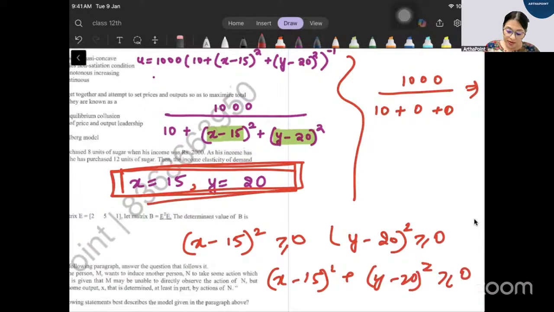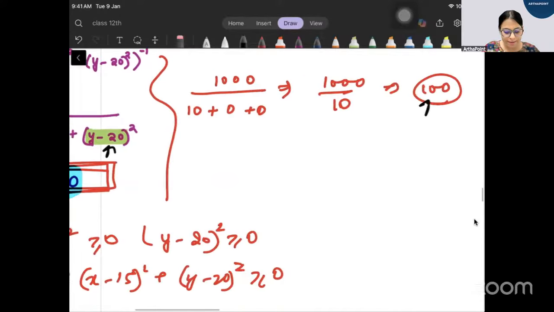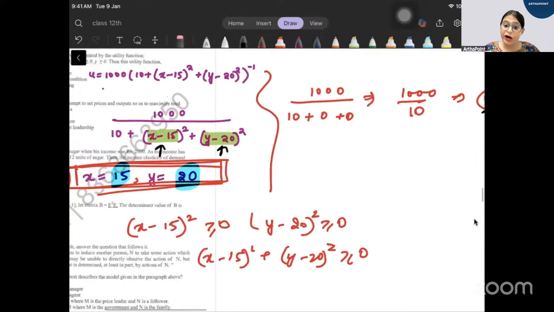So when x is 15 and y is 20, these are becoming 0 and my utility comes out to be 100. For any other value, if I have any other value here, it will be some positive number, and because of that the denominator will increase.